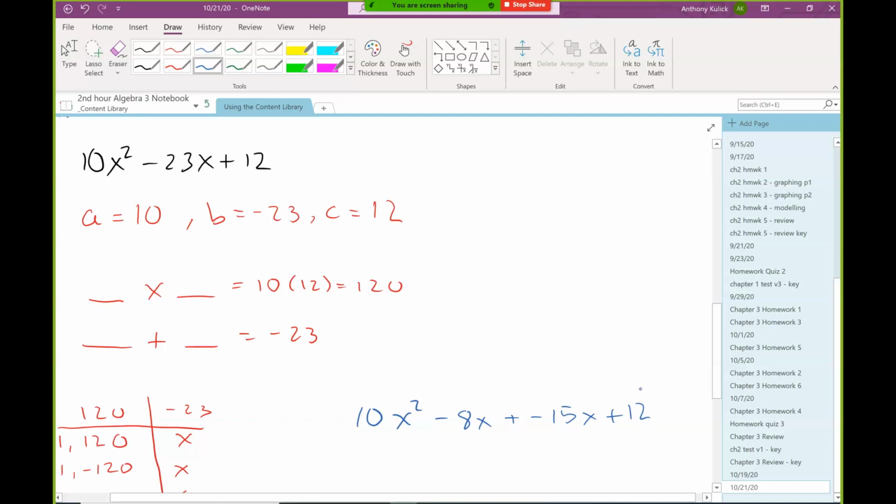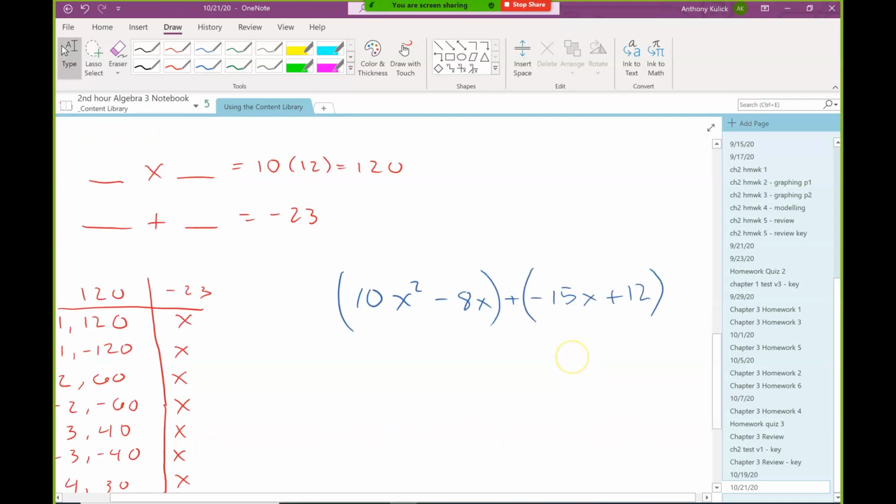So again, I just rewrote negative 23x as the sum of those two terms. Now, we didn't ask this question before, but let's ask it now. Does it matter what order I put the negative 8x and the negative 15x in? No, it doesn't matter. You'll get the same answer. Your factors might be in a different order, but that doesn't matter because we're multiplying anyways. So it doesn't matter which one you put where.